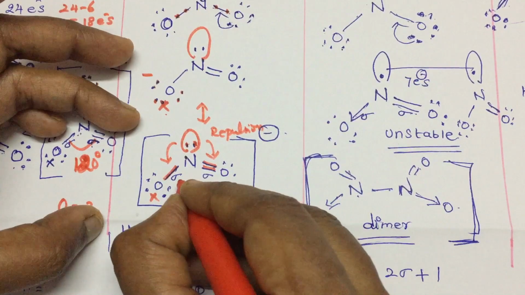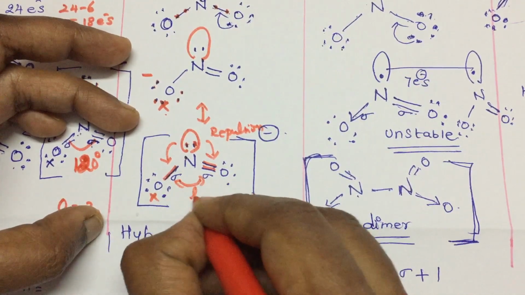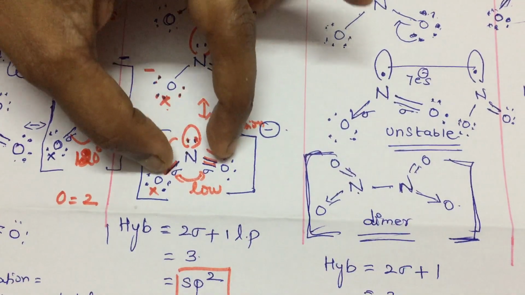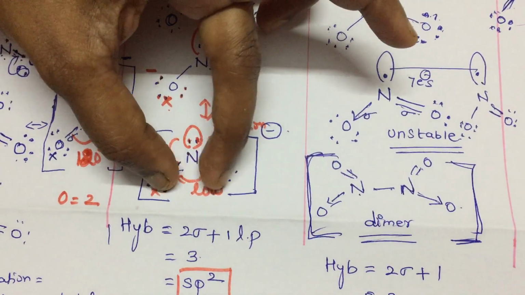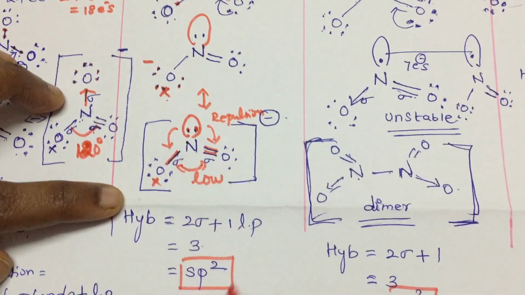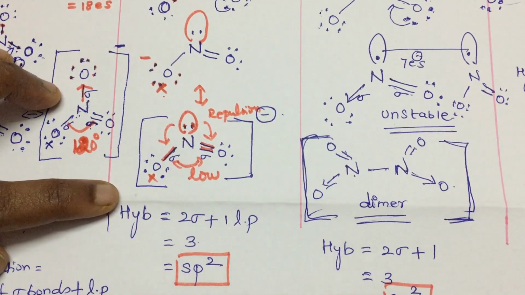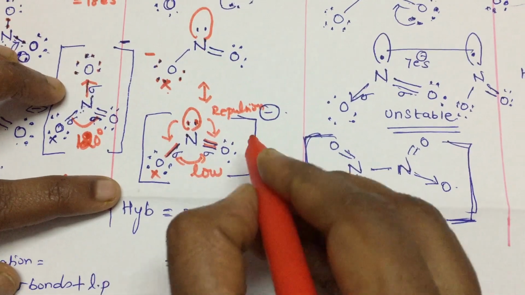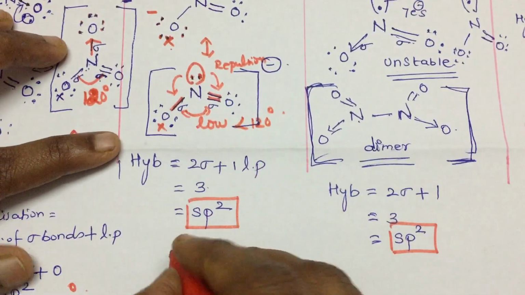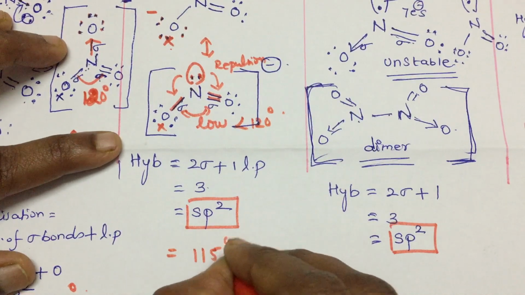This bond angle will become low. It will shrink, right? It is pushing, so this bond angle will come closer. So the expected bond angle for sp2 is 120 degree, but it will be lesser than 120 degree, and it was observed to be 115 degree.